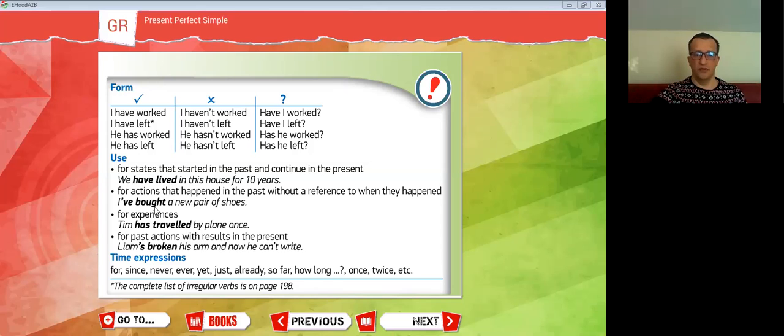So we memorize the irregular verbs, like for example here, buy, bought. But if there is a regular verb like live, for example, here we only add an ed form to the regular verb.